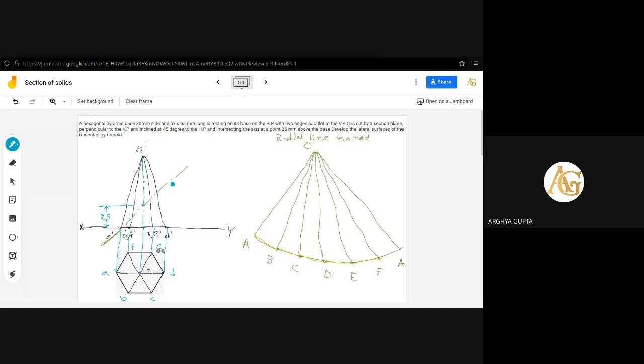So that line will be a 45-degree inclined line, and you have to complete the section plane by making both the ends dark and drawing two arrows to show the viewing direction. Isn't it? So that is the viewing direction. The two arrows are drawn. Now I have to mark the points.